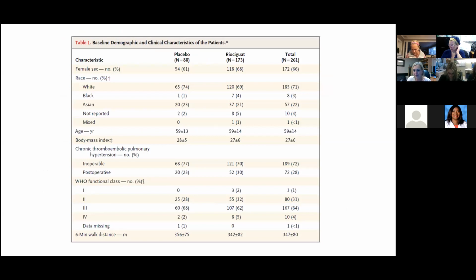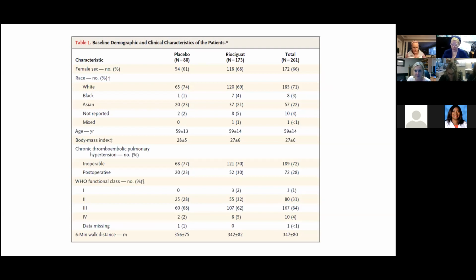The trial was done primarily in Europe, so most of the patients were Caucasian. You can see there are a smattering of other races represented, but not as uniform a representation as you usually have with US trials.